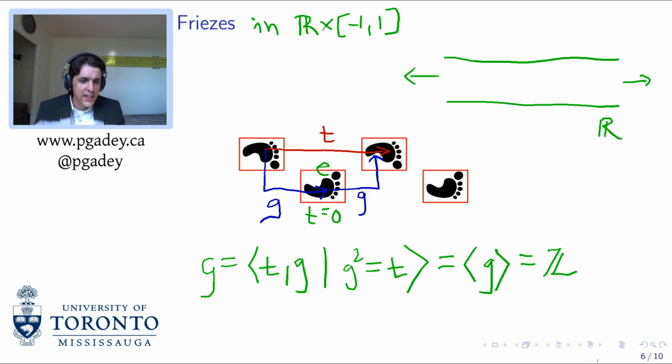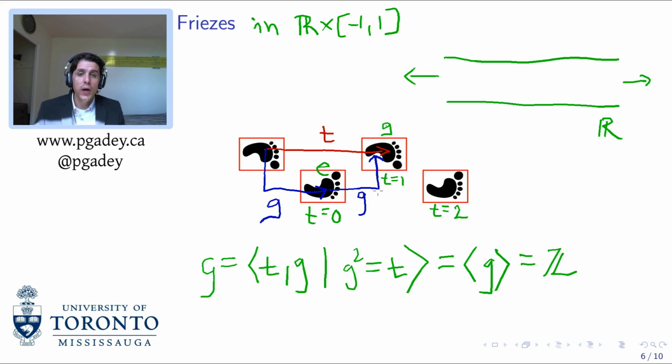The identity leaves that footstep in place. Now let's apply one of these G's. Then we'll get to this footstep at t equals 1. Then the symmetry that carries us there, as we can see by this label G, is just one copy of G.